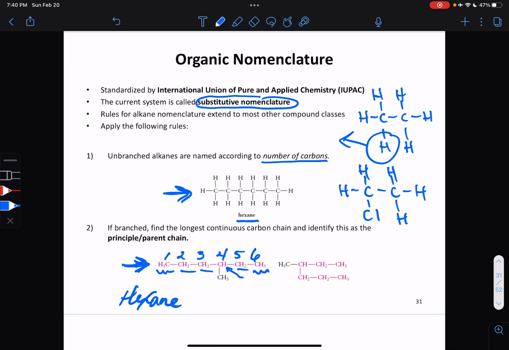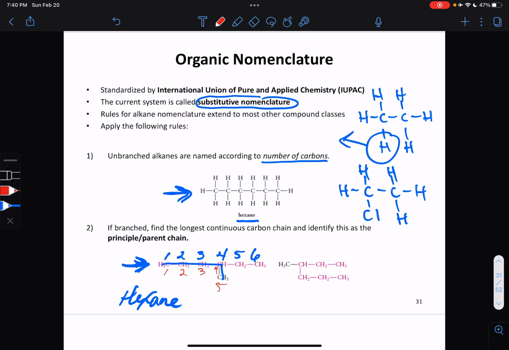Now, if we tried to do another chain, we could have this one right here as a continuous chain, again meaning that we don't pick up our pencil and go to another carbon, but that would only be 5 carbons long.